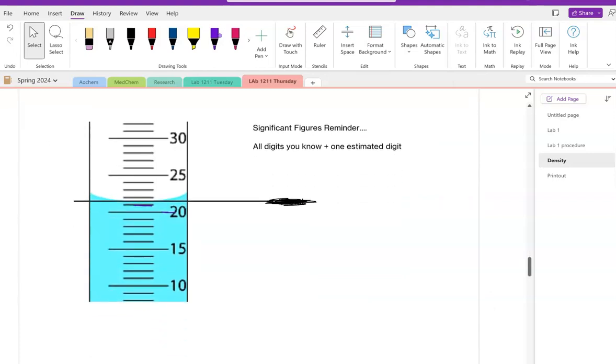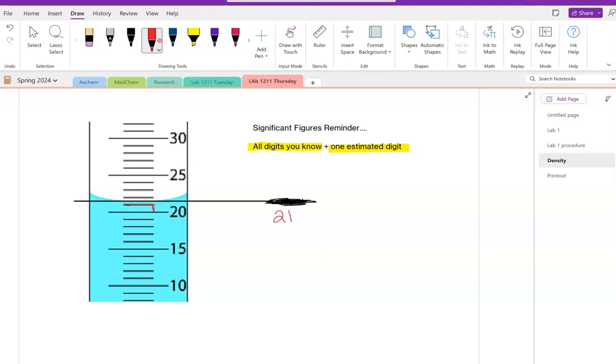When you're reading a graduated cylinder, for your significant figures, which you've all done in lecture, you record the digits you know plus one estimated digit. So here on this graduated cylinder, I know that my volume is 21 for sure. I know that because it's above the 21 line.